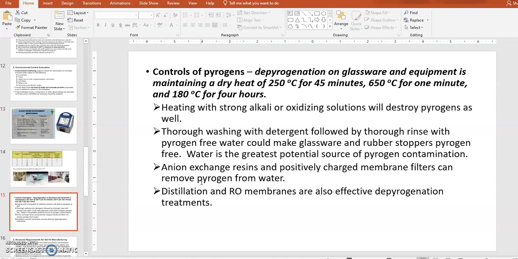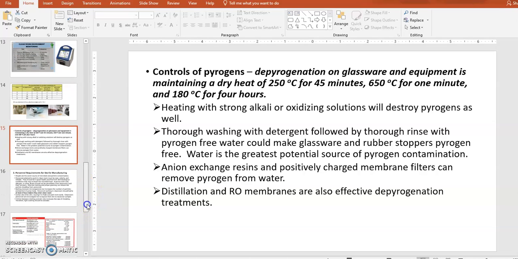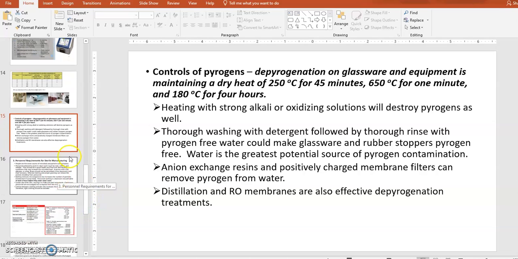They have phospholipid, and phospholipid head is what? Negatively charged, right? So they'll bind with the positively charged resin. So anion exchange chromatography method is actually an effective depyrogenation method. Okay, so part of the downstream process you use that method. And distillation, boiling, and reverse osmosis are also effective in depyrogenation. Okay, so there are many ways of doing depyrogenation. It's not just heat alone.